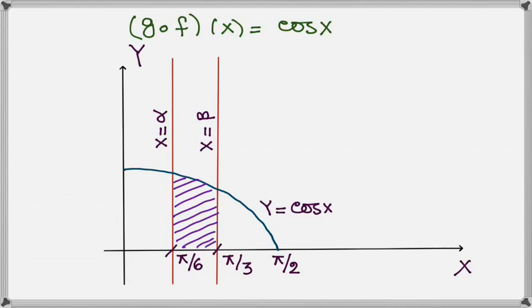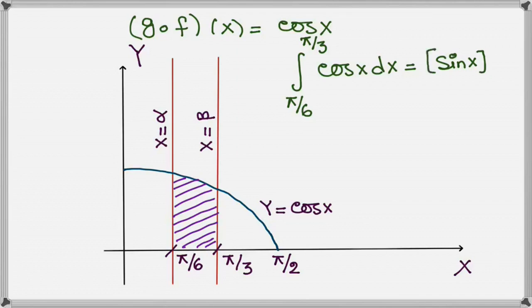As it is very clear from the picture, we have to find out the integral from pi by 6 to pi by 3 of cosine x dx. After integrating, we get sin x from pi by 6 to pi by 3.